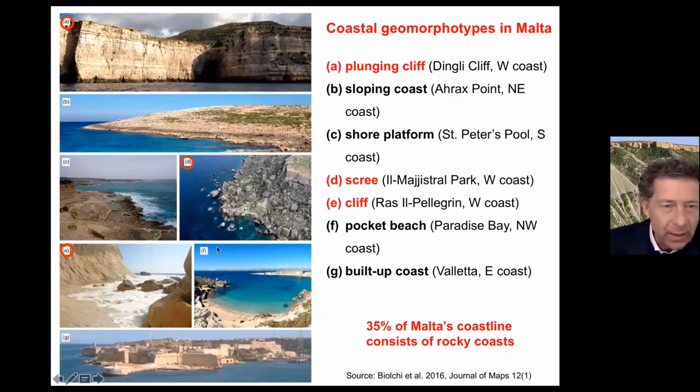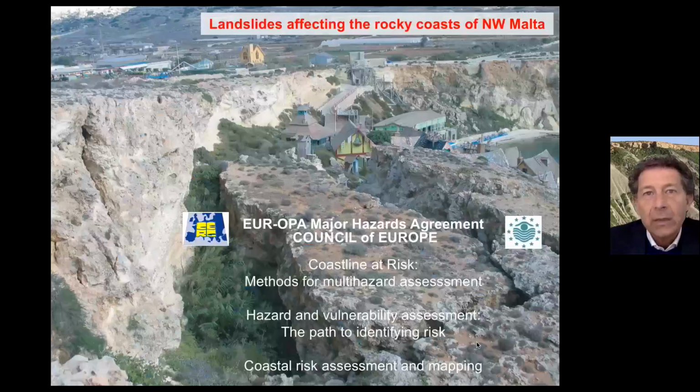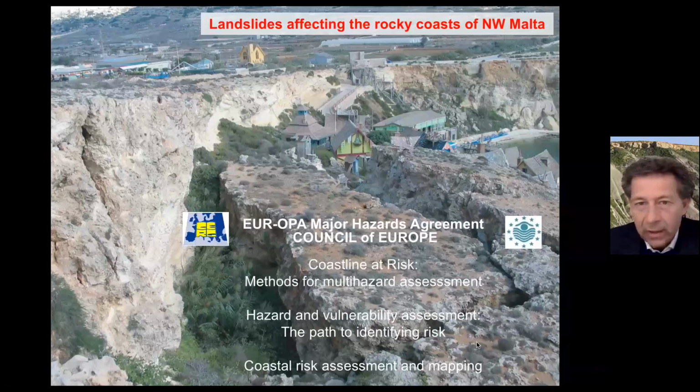Actually, these are blue clays, and then cliffs with beaches beneath. 35% of Malta's coastline consists of rocky coasts, possibly affected by the processes that I'm going to describe and that we have tried to study in detail in the frame of a series of projects funded by the Europa Major Azure Agreement.